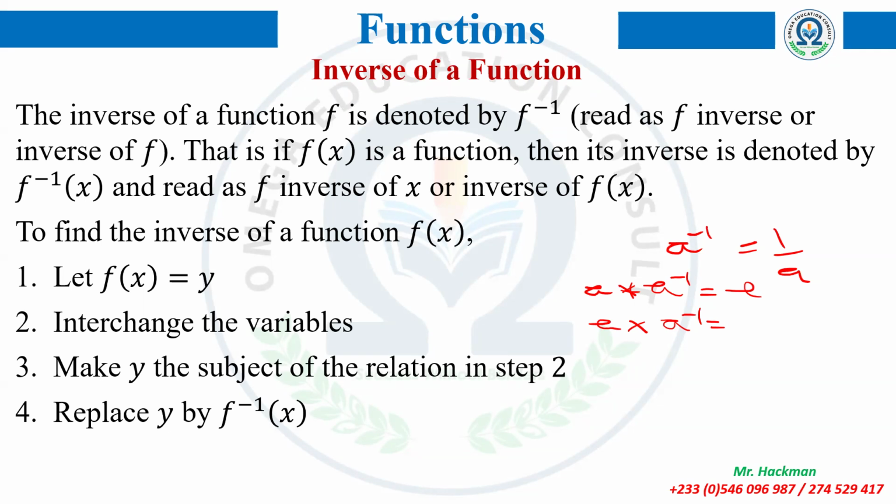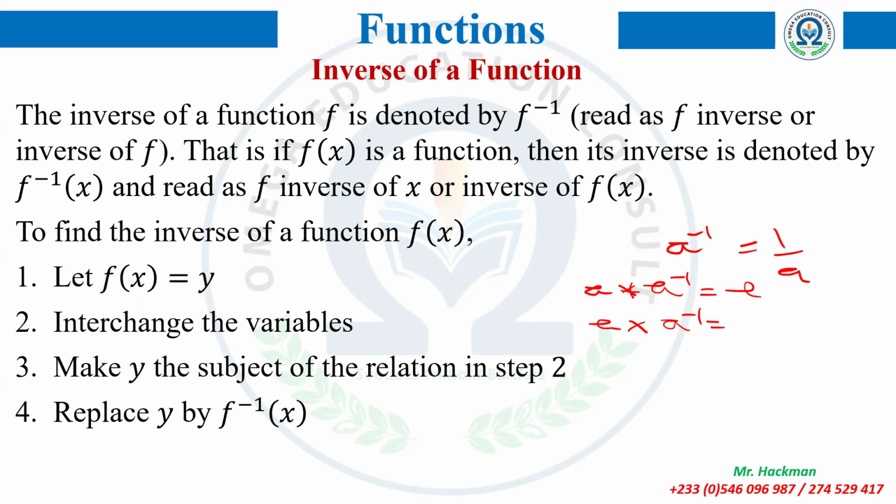What is the identity element in multiplication? Who can tell me? Identity element means an element that if you operate it on another element, it doesn't change the identity. It's supposed to be 1.